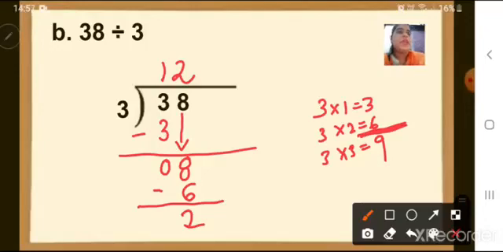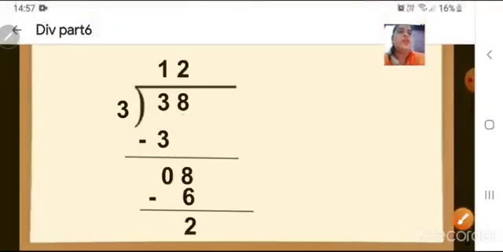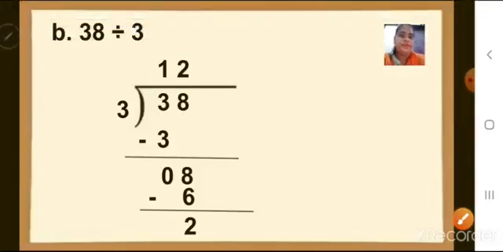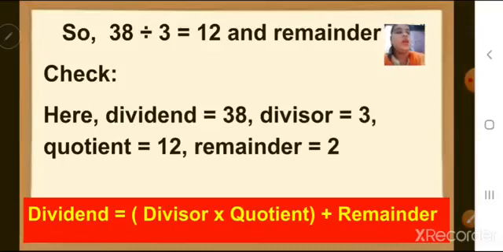Okay. After that we have to check your answer. So first of all you are going to do the division. Come on children, note it down in your notebook. Now note down the answer.